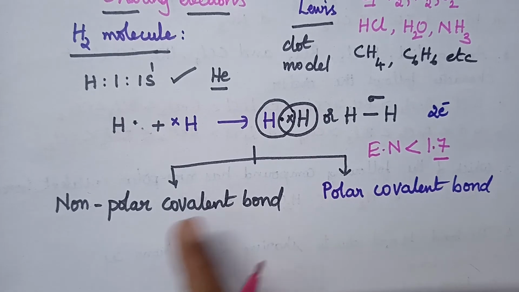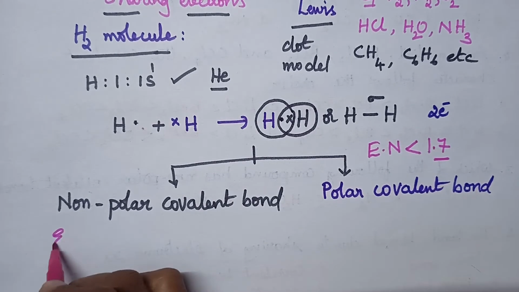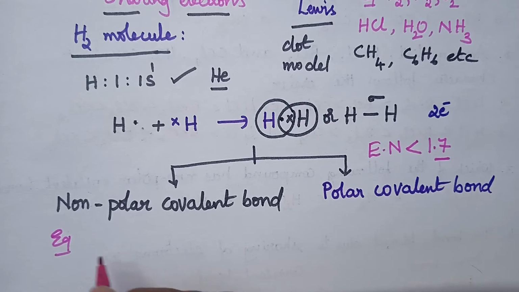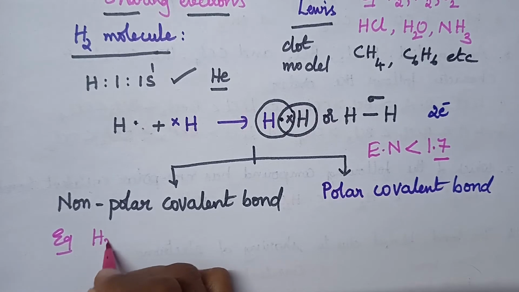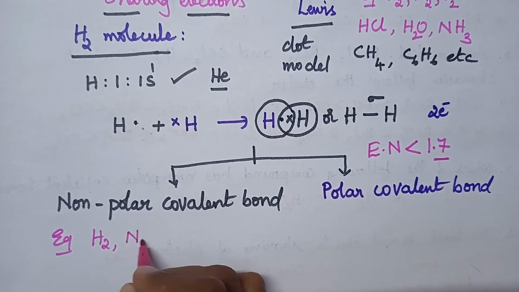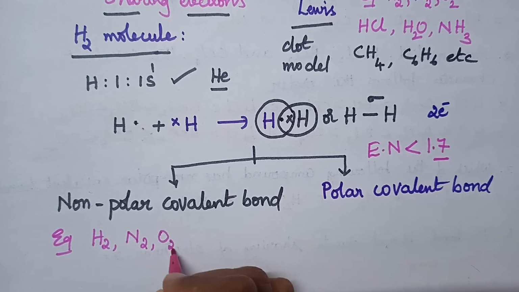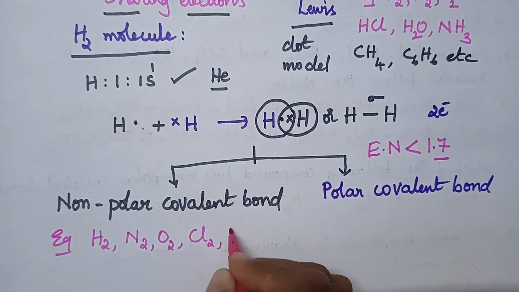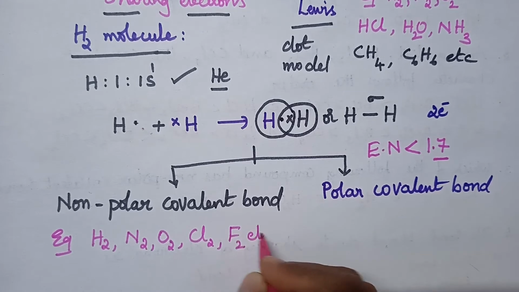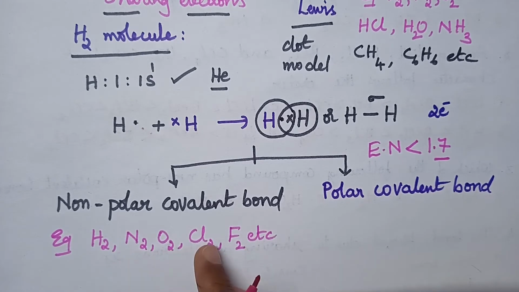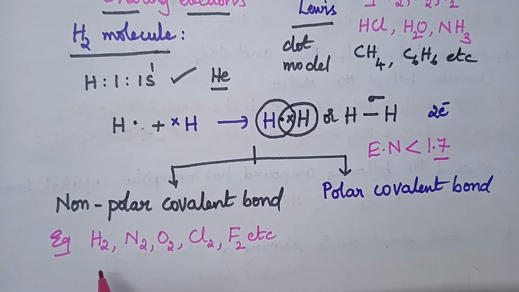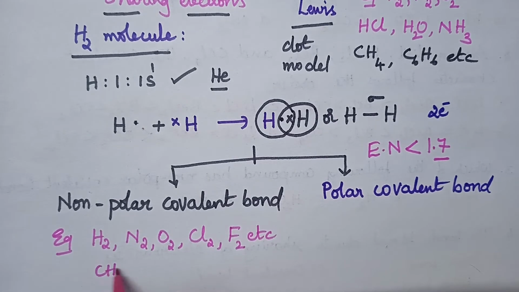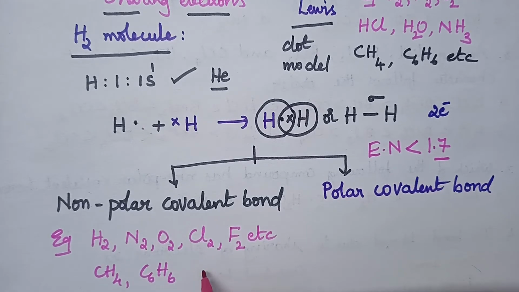That means between similar atoms, generally a non-polar covalent bond is present. The best examples are H2, N2, O2, Cl2, F2, etc. So all these molecules contain non-polar covalent bond. Even the organic molecules such as methane, benzene contain non-polar covalent bond.